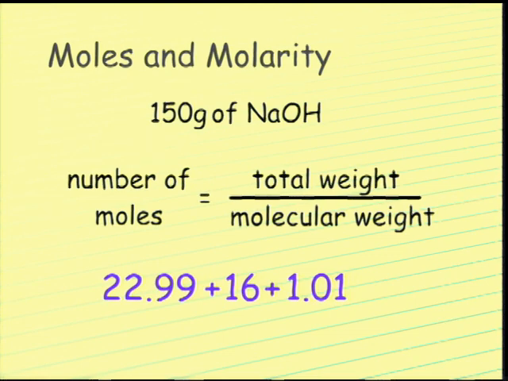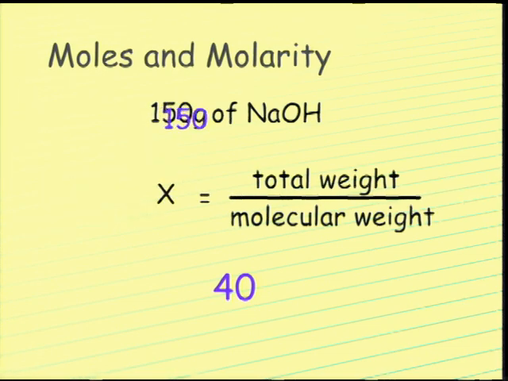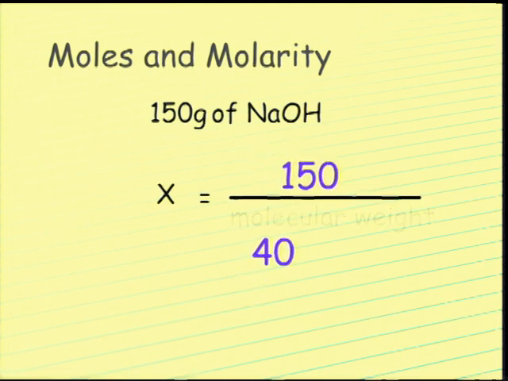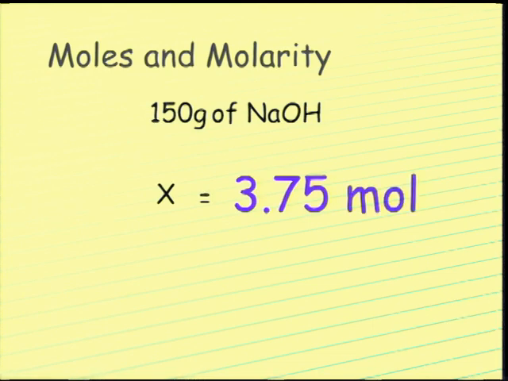So, the total molecular weight of sodium hydroxide is 40. We can now use our equation. Number of moles, or X, equals 150 grams of total weight divided by 40 grams of molecular weight. 3.75 moles of sodium hydroxide were used as a solute.